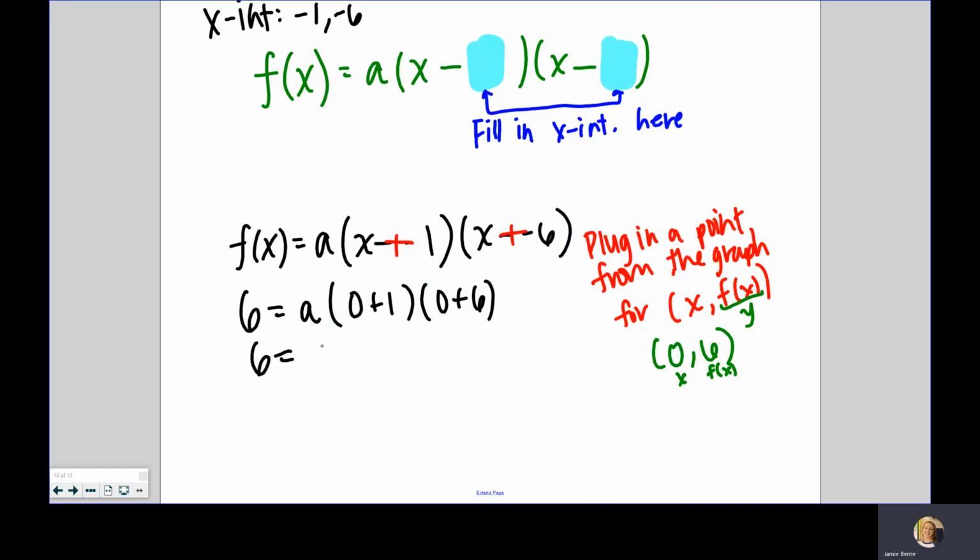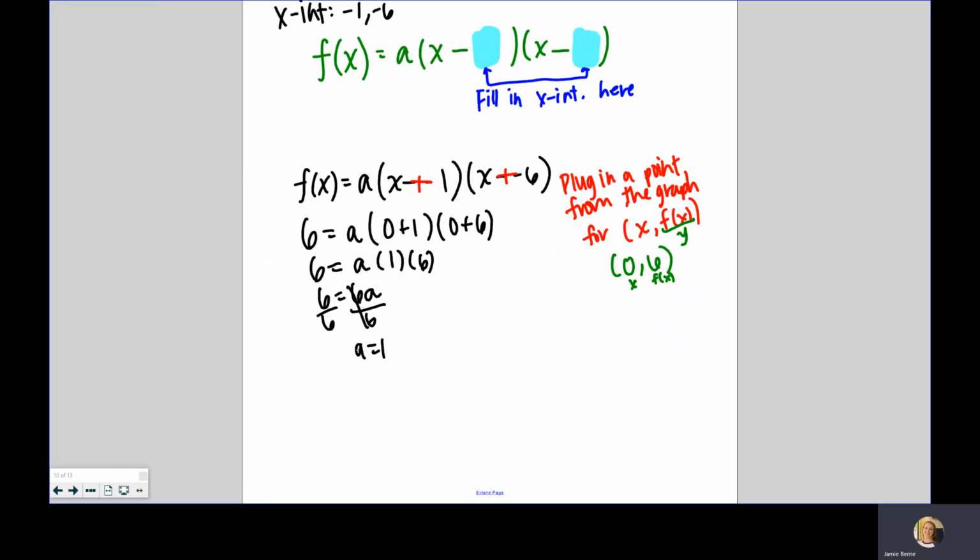So we have 6 equals a times 0 plus 1 is 1, 0 plus 6 is 6. 6 times 1 is 6, so that would be 6 equals 6a. Divide both sides by 6. You get a equals 1. All right, so now all you got to do is go back up here, plug in the value for a.